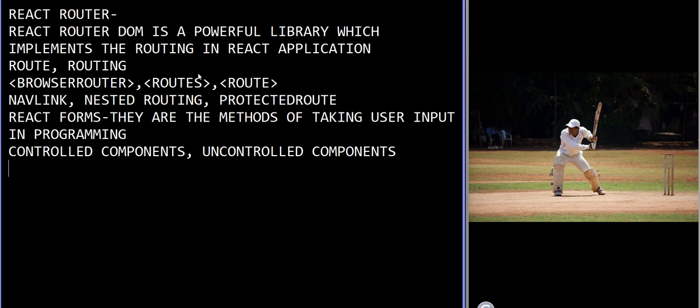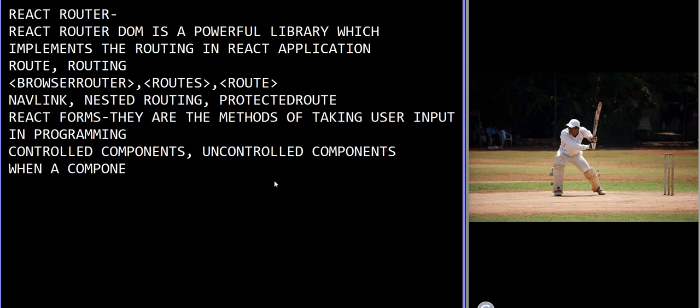Controlled components are nothing but whenever we are managing the value of input fields by using states in the form. Uncontrolled components are nothing but when we are not managing the values of the input fields by using states in a form. I will write each one.